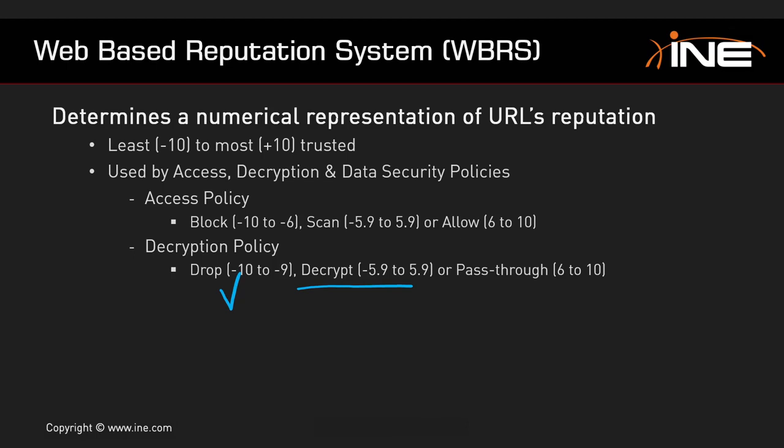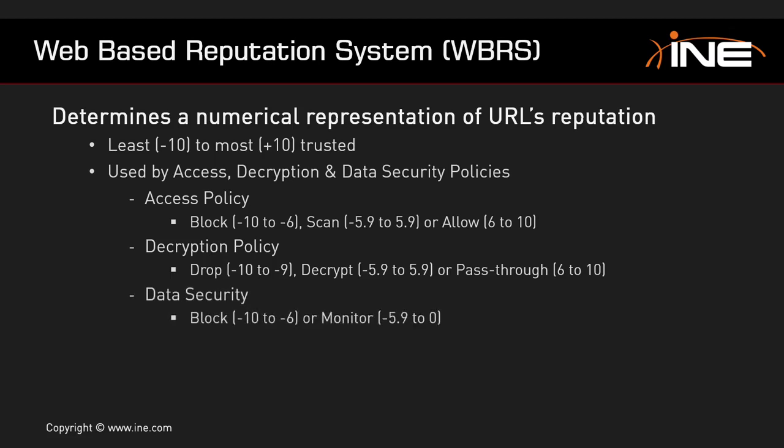Or if the reputation is really good, I'm going to allow encrypted traffic through. And finally, for my data policy, once again, one that we use for uploads, it is only used to block uploads to websites that are really bad. From -10 to -6, it's a really bad reputation. With a score like that, we will immediately block upload. We will not continue with further evaluation.